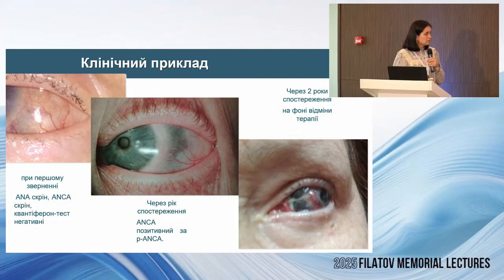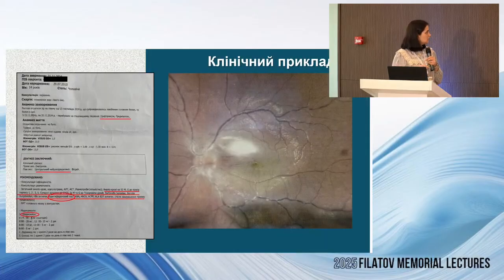It's scleronecrosis. Of course, she's blind this year, and she had necrotic impairment of lungs and other organs, and we didn't see her.